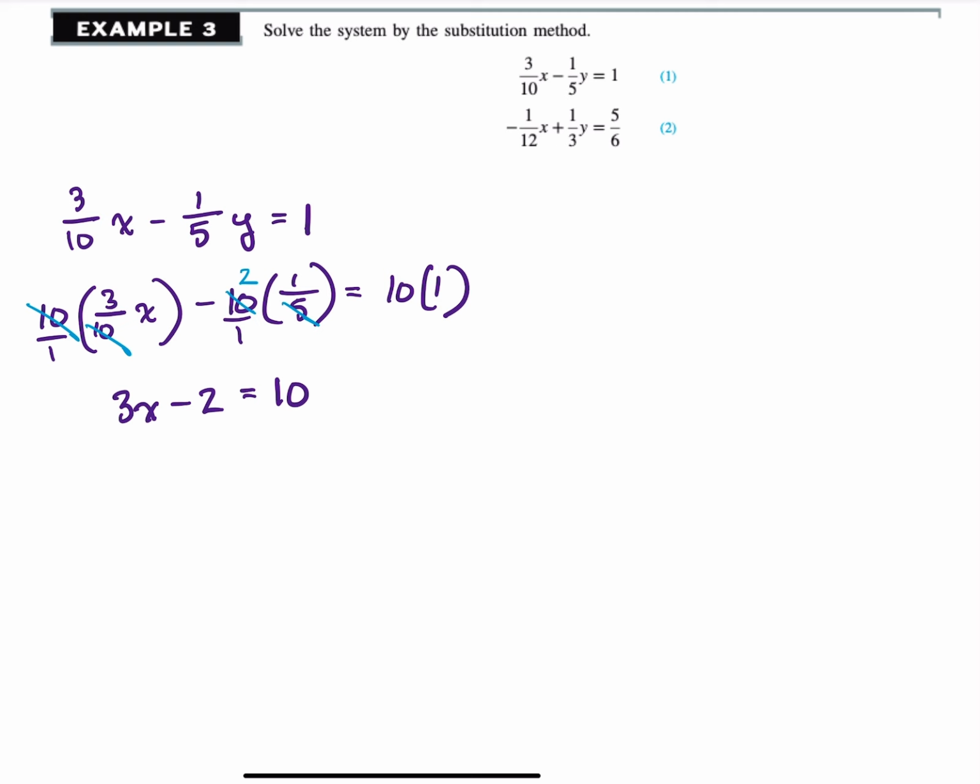So this is our first equation. Let's do the same for our second equation. Let's go ahead and clear out the fractions. We have negative 1 over 12x plus 1 over 3y equals 5 over 6. It looks like all of these, 12, 3, and 6, we can choose 12 as our common multiple. So let's multiply each one by 12.